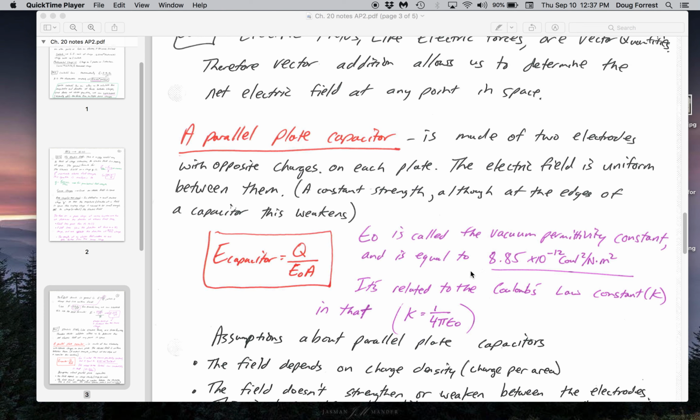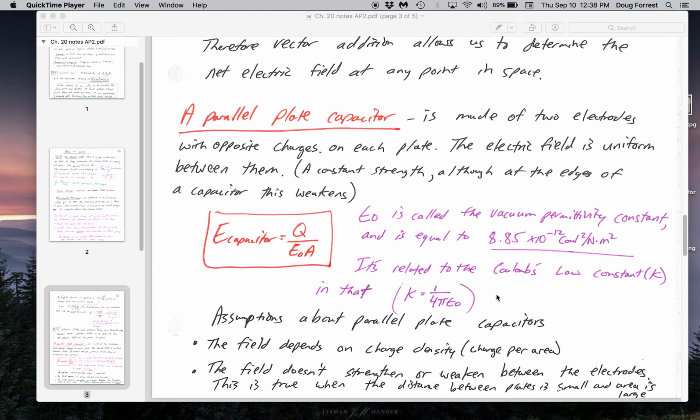That's okay. We'll learn about another one later called vacuum permeability, which deals with magnetism. So this vacuum permittivity is 8.85 times 10 to the negative 12th. That Coulomb constant I talked about earlier is equal to 1 over 4 pi times this constant. There's reasons why you might want to use one or the other from time to time, and we'll get into those.